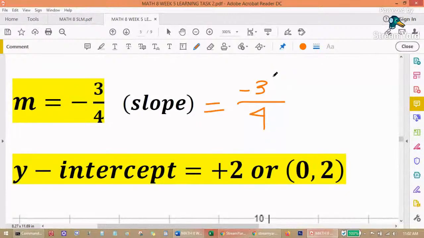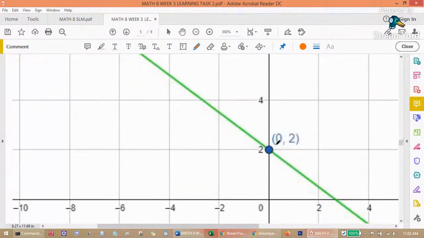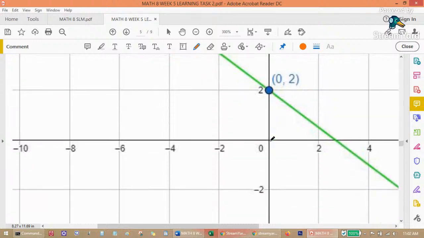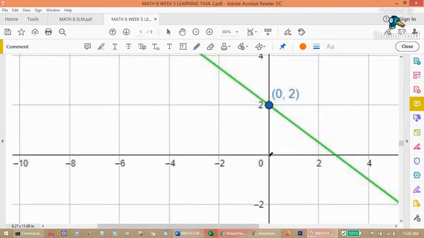So, yung y natin is negative 3. Ibig sabihin, bababa tayo ng 3 units. So, simula dito, bababa tayo ng 3 units.